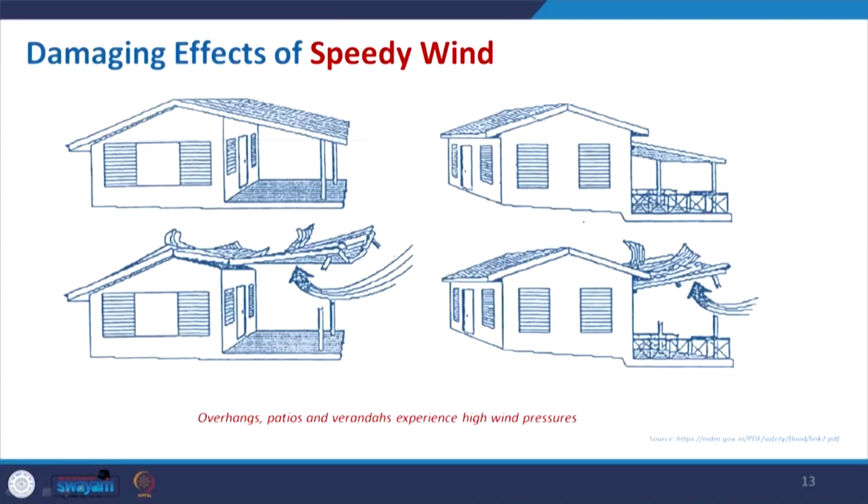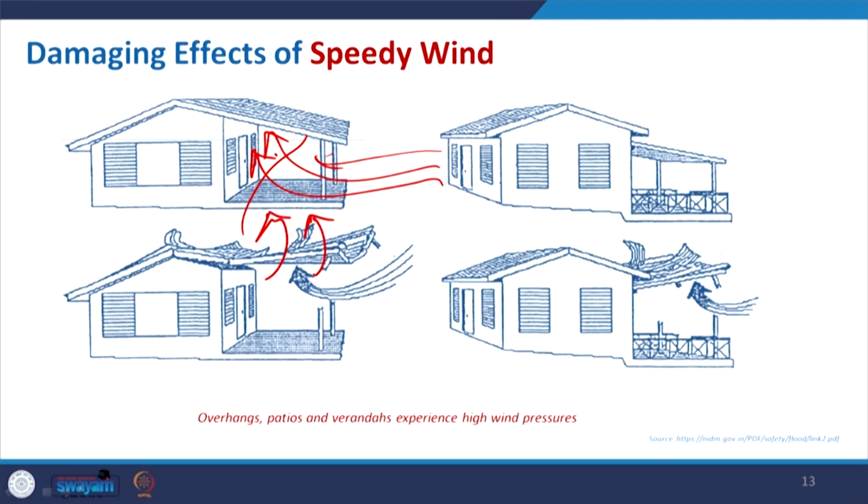Coming to the speedy wind, as we have seen in this case as well, when you have a continuous roof for the veranda, this will create a void, and if the wind direction is from this side, that will create a pressure at the bottom of the roof, and that will uplift it. So, this is not really recommended.